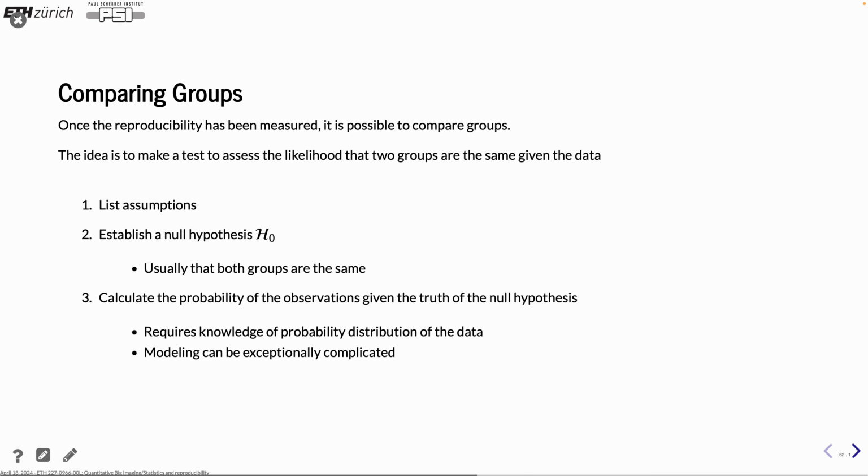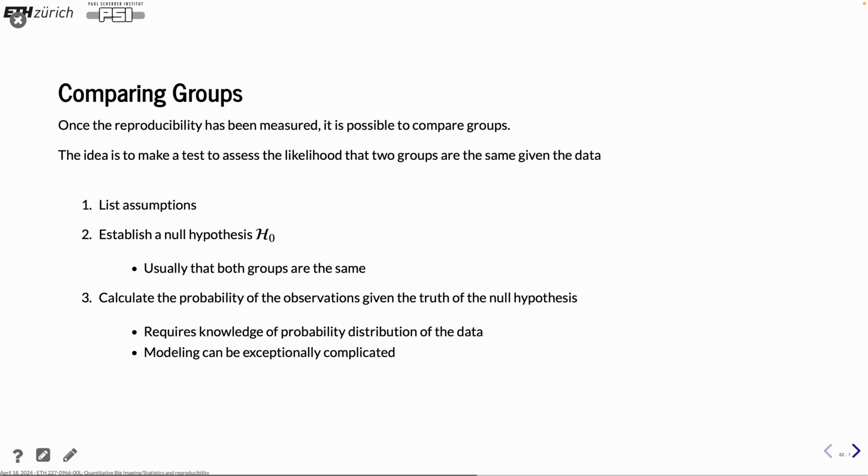Now, if you want to compare different groups, then we first have to do some kind of hypothesis testing. So first we make a list of assumptions, and from those we can establish a null hypothesis, H0. And usually the null hypothesis is that both groups are the same.